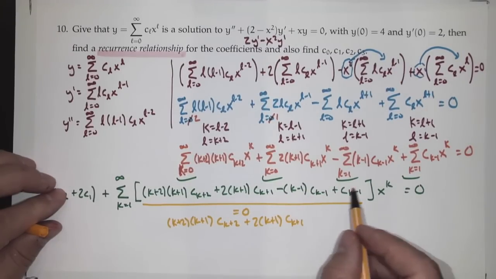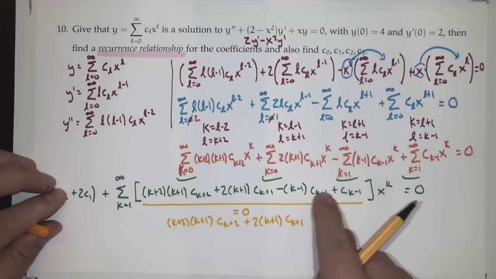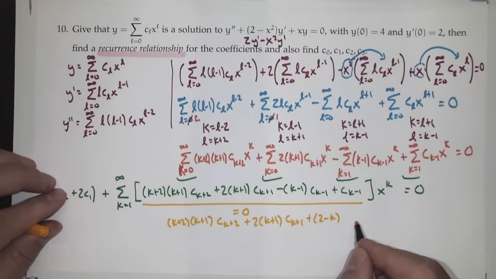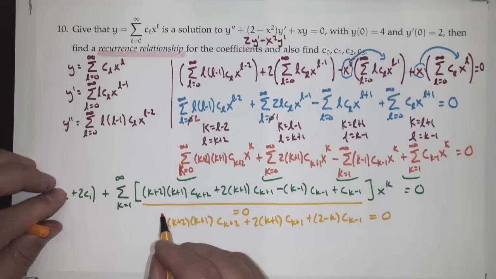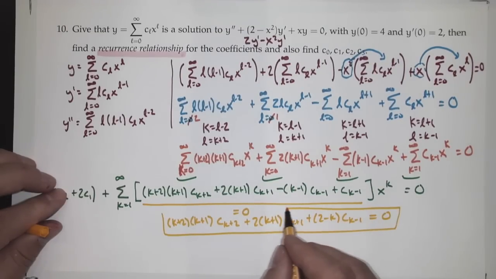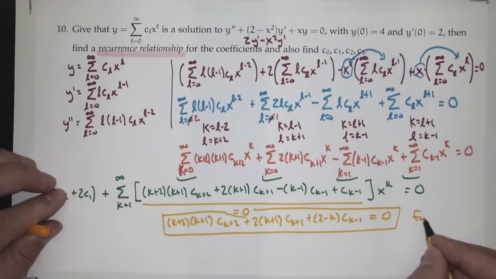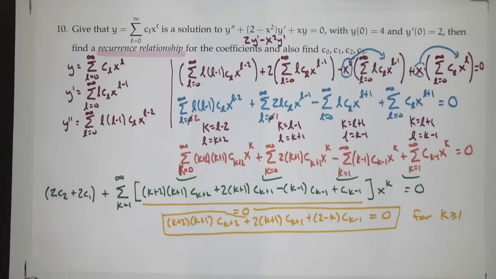If we wanted to, we can even combine these together. So notice these both have a C sub K minus 1, so there's minus times K minus 1 and a plus 1. So you could write this as 2 minus K, C sub K minus 1, all has to equal 0. So this is our desired recurrence relation. And this is starting at K greater than or equal to 1. So from 1 on.